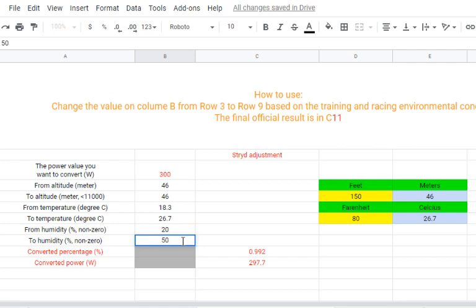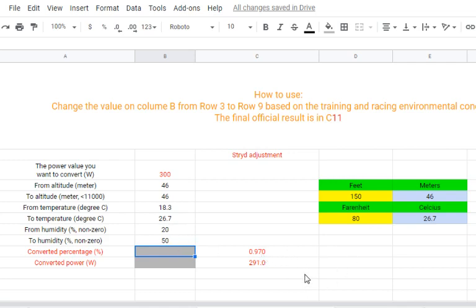So in this example, no change in elevation. They're staying home. They're just hitting a heat wave with a little bit more humidity. How do they adjust? Well, their former FTP at those conditions of 65 degrees with 20% humidity now becomes 291 watts at 80 degrees with 50% humidity.